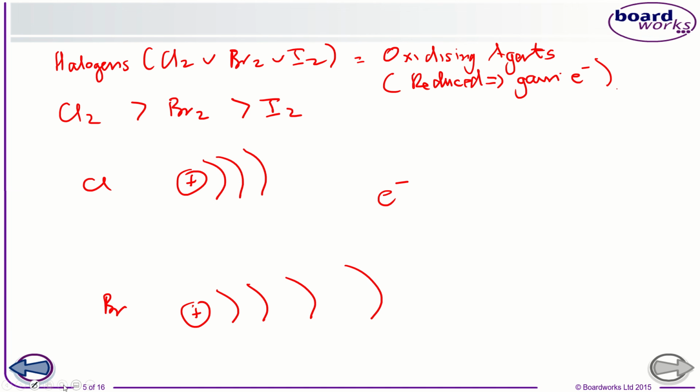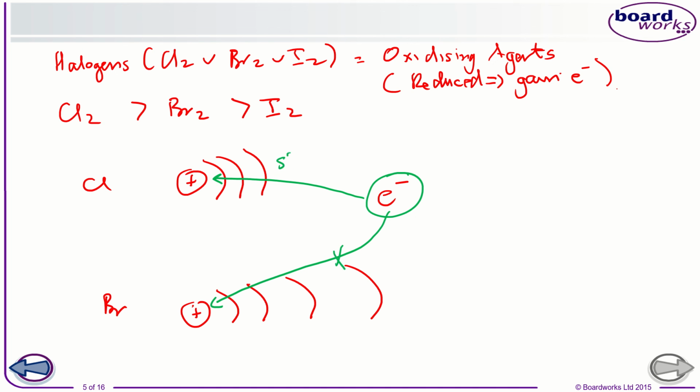So if I was to say which one of those is going to win the battle for the attraction of this electron, it is going to be the chlorine, because its nucleus is less shielded from the electron that it's trying to gain than the nucleus of bromine.